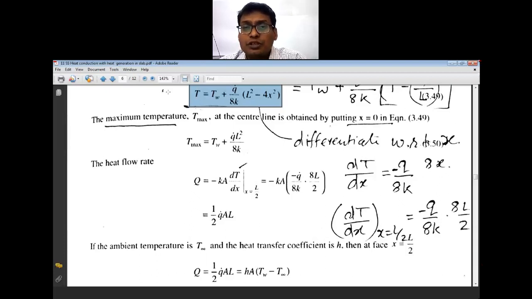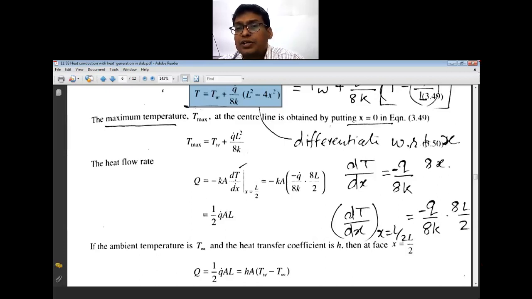This is the temperature distribution, and the second thing is the heat flow rate. Heat flow rate is given by Fourier law, Q equals minus kA dT/dx at x equals L by 2.